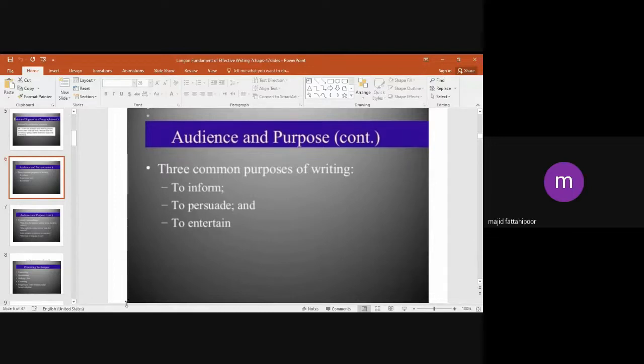Thank you. So I ask you to write in the chat box, if you can, what is your idea about the example I have given you, whether it was to inform, persuade, or entertain.